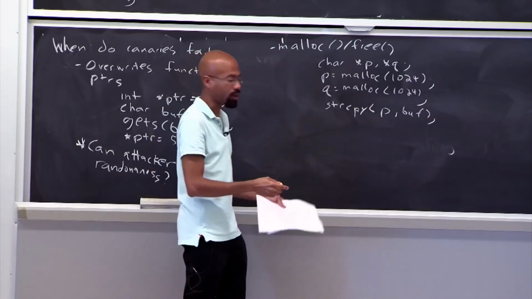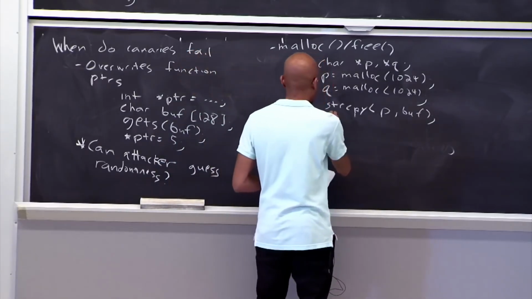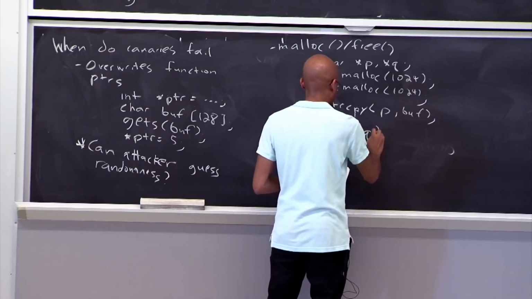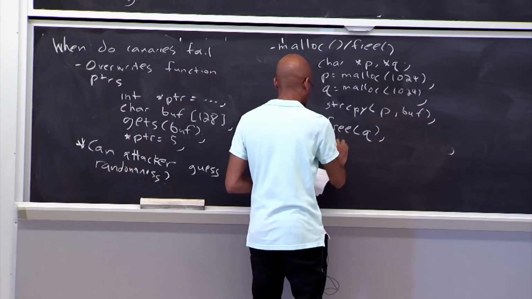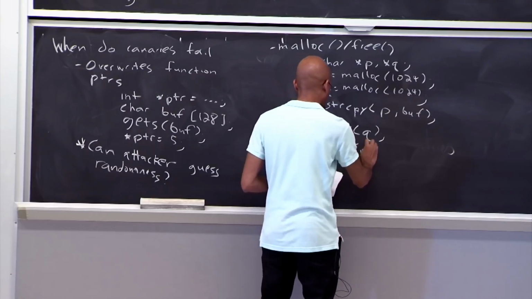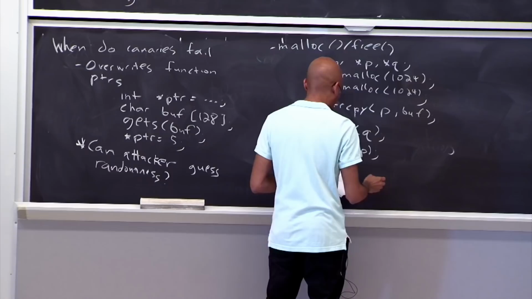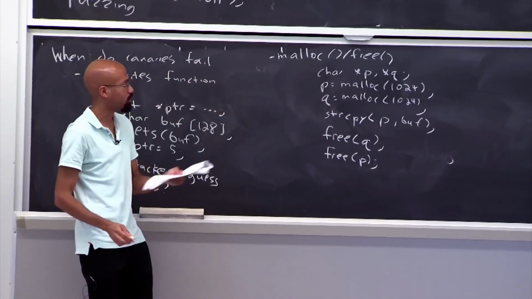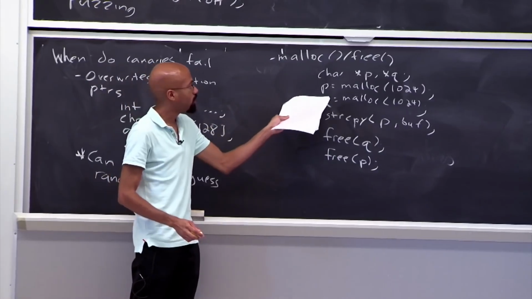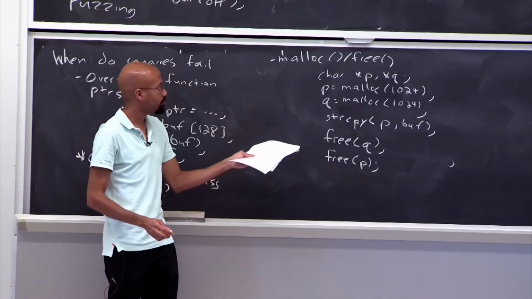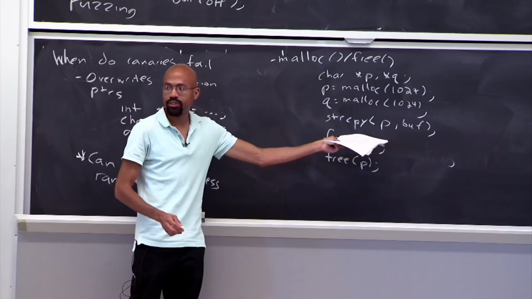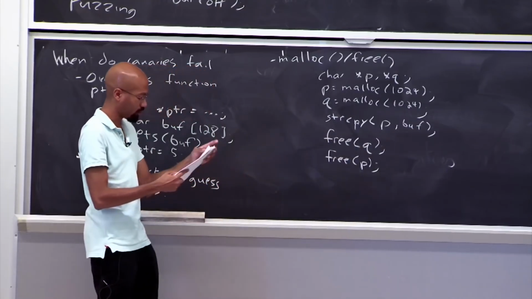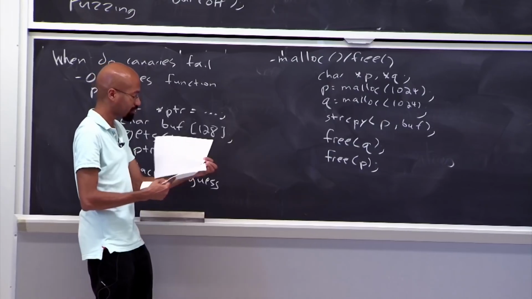Okay, so here's where the overflow happens. And then let's say that we free Q, and then we free P. So it's fairly straightforward code, right? Two pointers, we malloc some memory for each one of them. We use one of these unsafe functions, the buffer overflow happens, then we free Q and we free P.